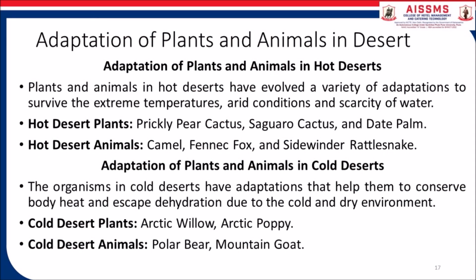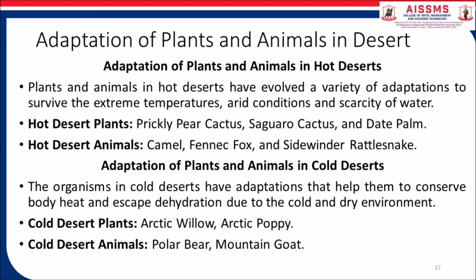Next topic which we are going to discuss is the adaptation of plants and animals in desert. First, adaptation of plants and animals in hot deserts. Plants and animals in hot deserts have evolved a variety of adaptations to survive the extreme temperature, arid conditions, and scarcity of water.